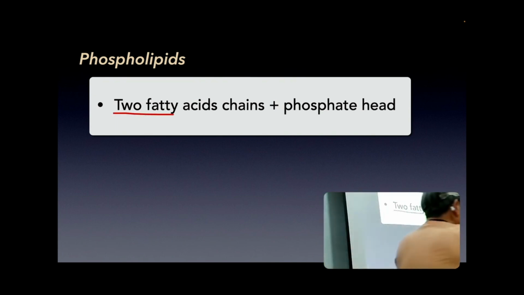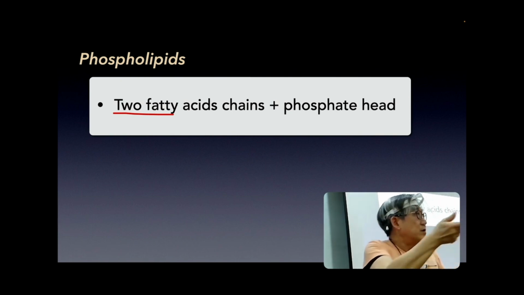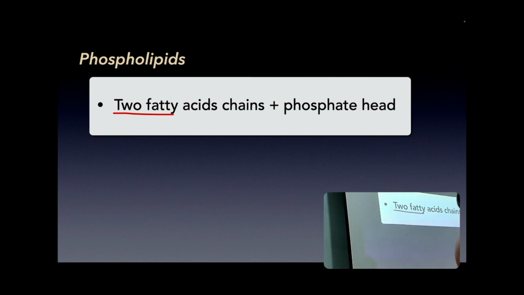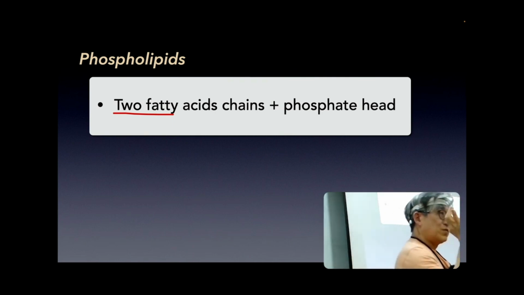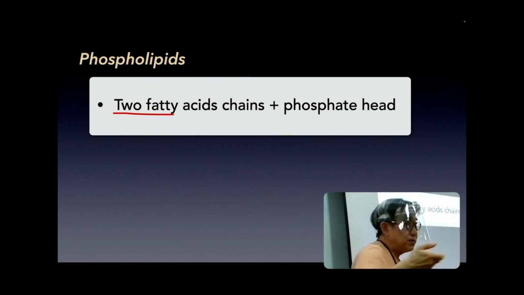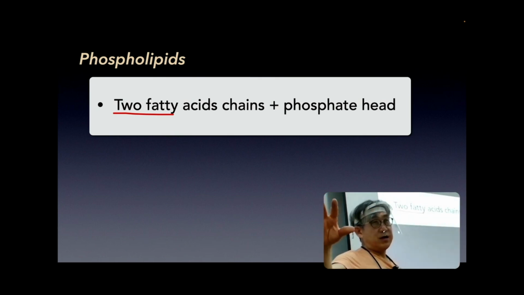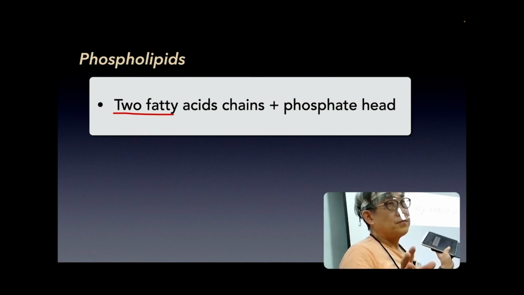It resembles a 3 outlet electric plug, but you're using only 2 plugs, and in the remaining outlet you are plugging in something totally different. That is what this phospholipid is about.